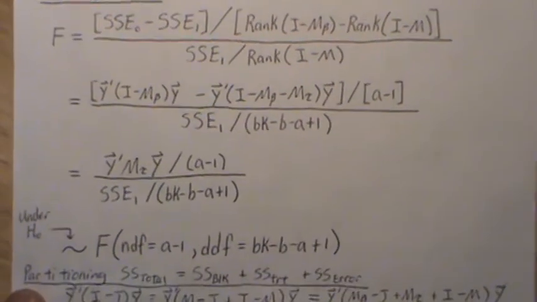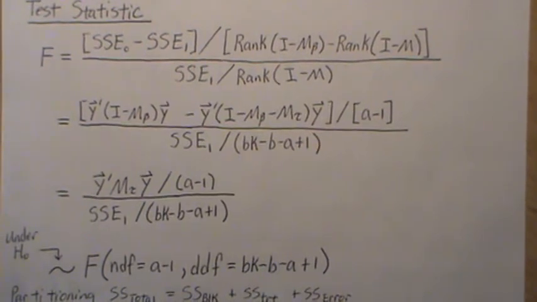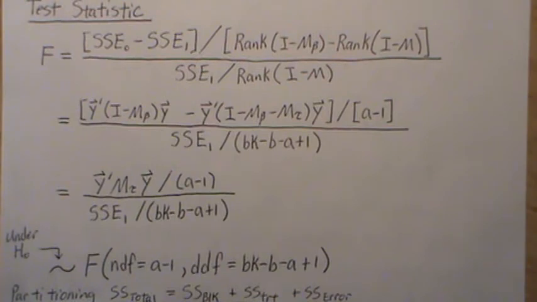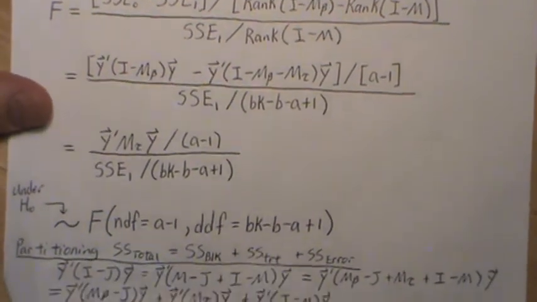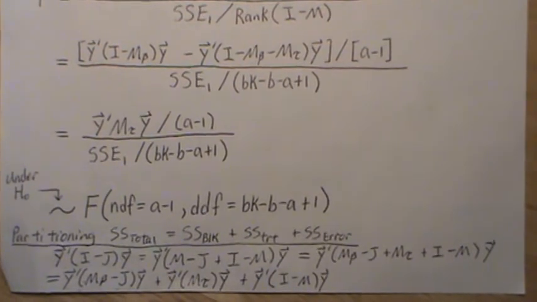And so under the null hypothesis, that's a central F with a minus 1 numerator degrees of freedom, and then the denominator degrees of freedom, this.